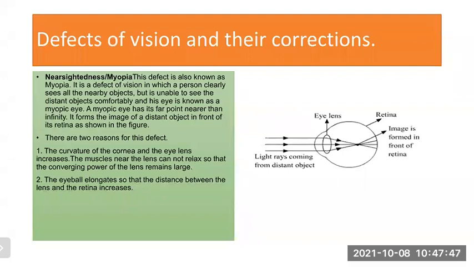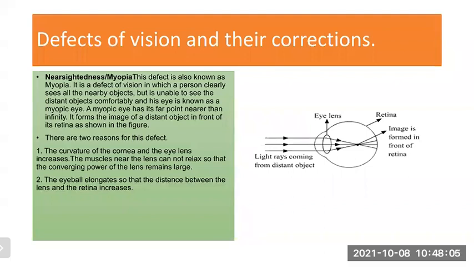It means nearby objects can be seen clearly, but the distant objects do not appear to be clear. So that is called myopia or nearsightedness.